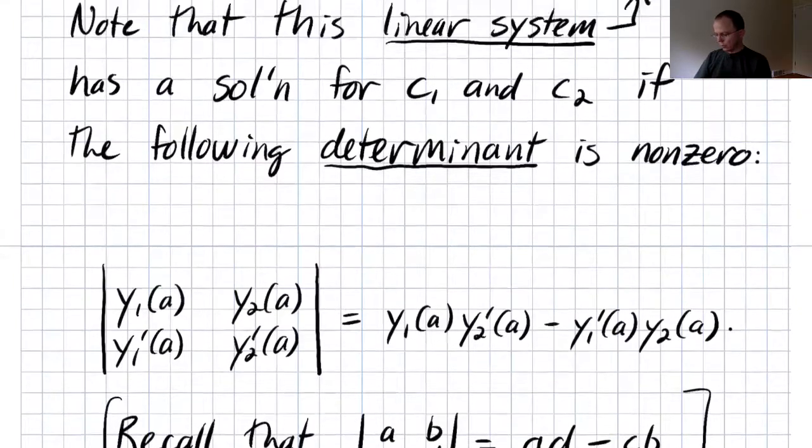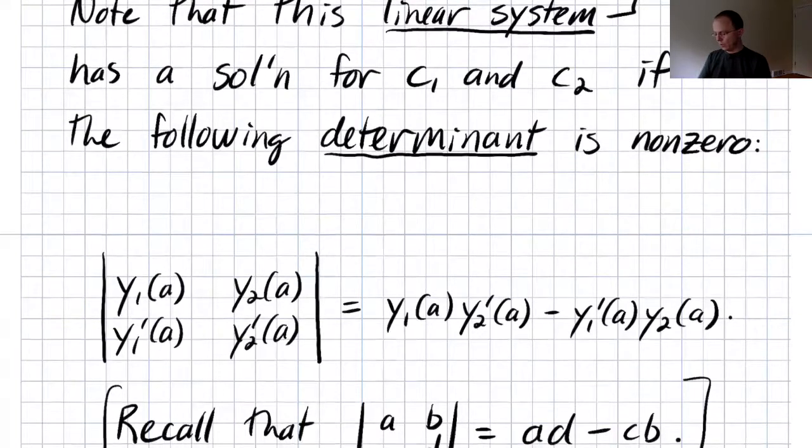The key thing, as we'll see in a bit, is when this is non-zero. If this is non-zero, then we're good.